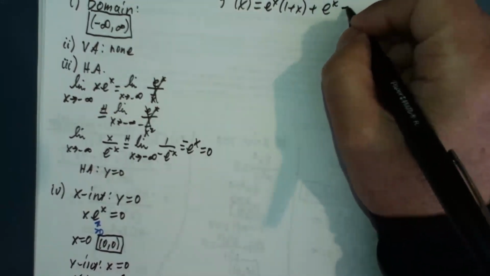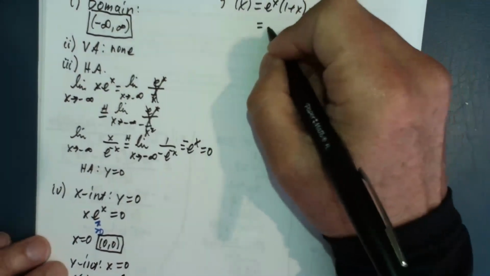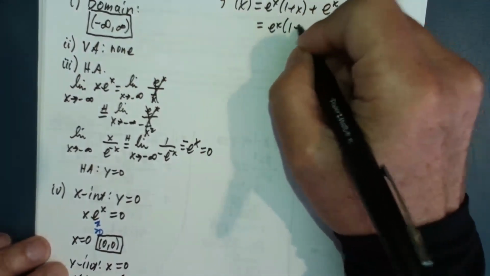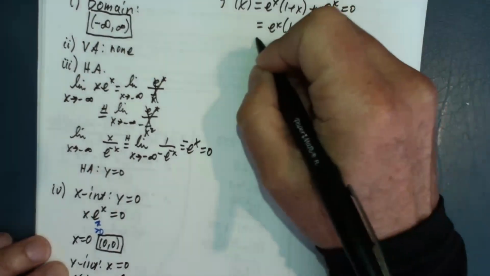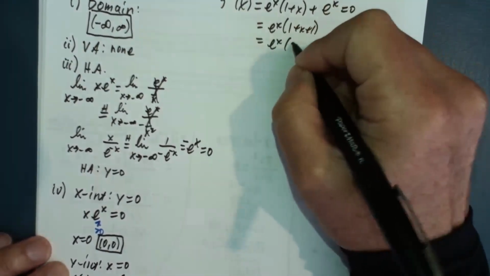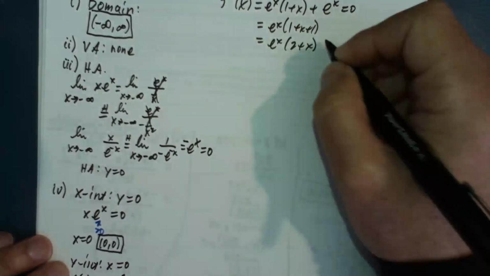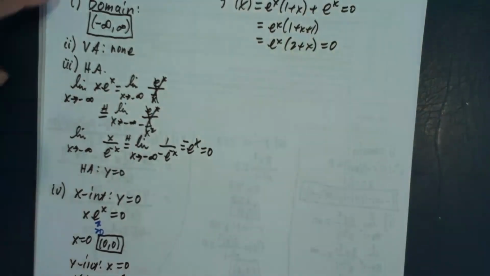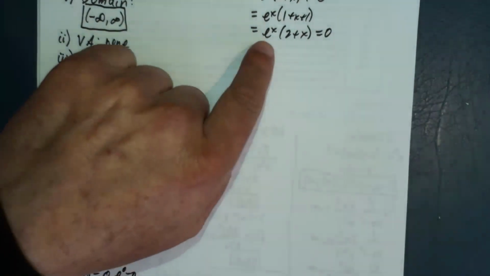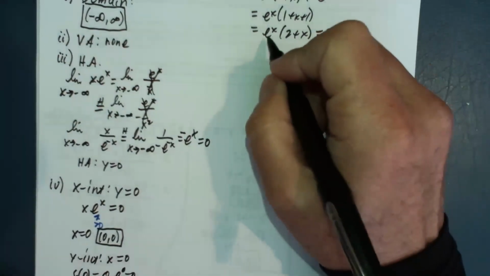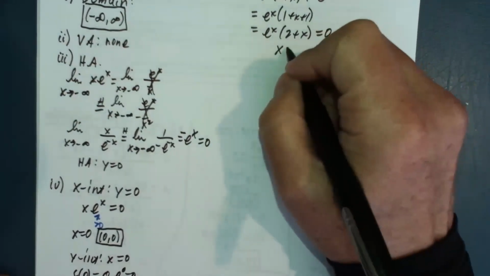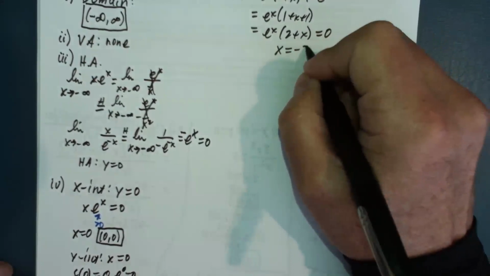And we want to set that equal to 0. I'm going to factor out an e to the x, and that's going to leave us with 1 plus x plus 1, or e to the x times 2 plus x. Set that equal to 0. And we will note, once again, this is always positive, so I can divide it out. So we're going to have an inflection value at x equals negative 2.